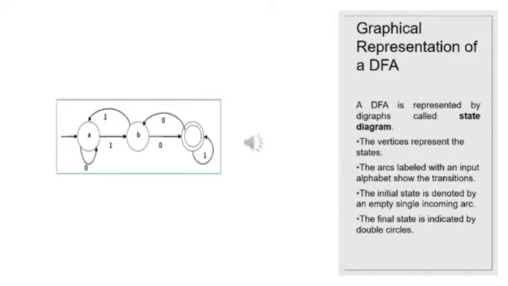When you are representing an initial state, it should contain an empty single incoming arc. Consider this A, it consists of an empty single incoming arc. So this is called your initial state or starting state. And what is the final state? The final state is the ending of that DFA. The DFA final state is always represented with double circles.